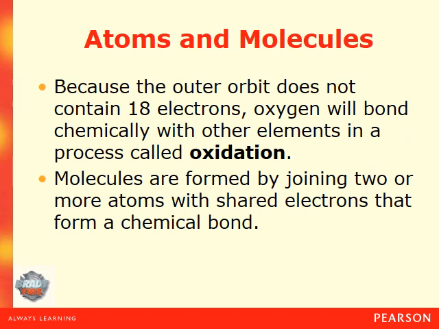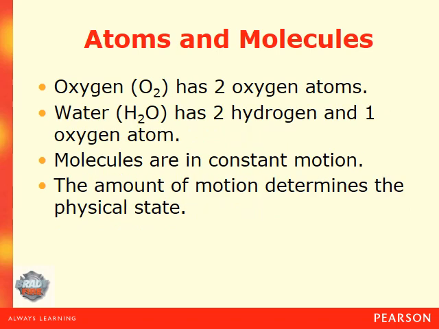Because the outer orbit does not contain a full amount, oxygen will bond chemically with other elements in a process called oxidation. Molecules are formed by joining 2 or more atoms with a shared electron that forms a new chemical bond, essentially a new element. That's what we did with that H2O example. Oxygen has 2 oxygen atoms.